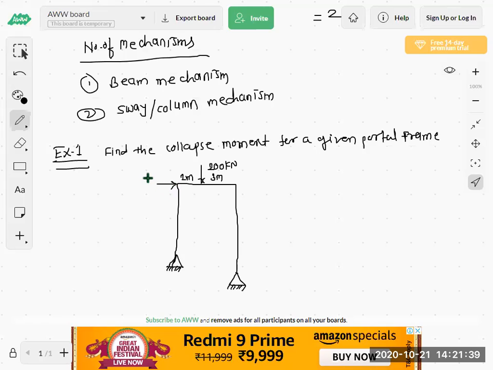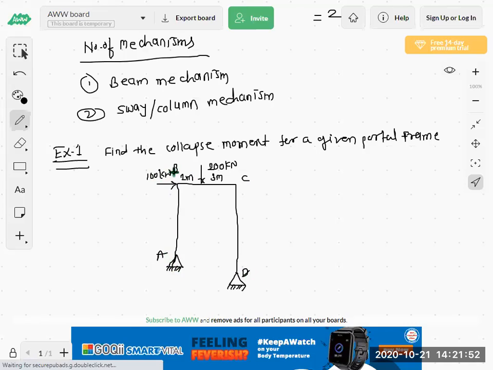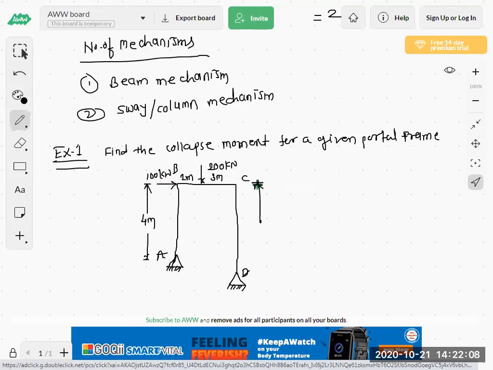Now the horizontal load of 100 kilonewton is at joint B. This is A, this is B, C and D. Now this distance is 4 meter and this distance is 6 meter. Okay, so this is the given frame.